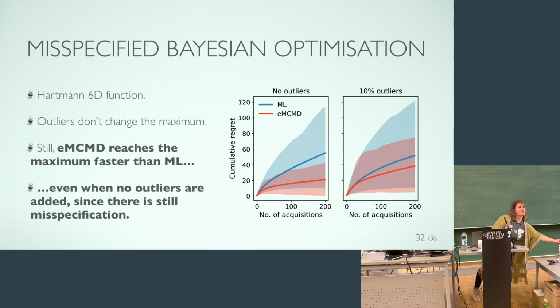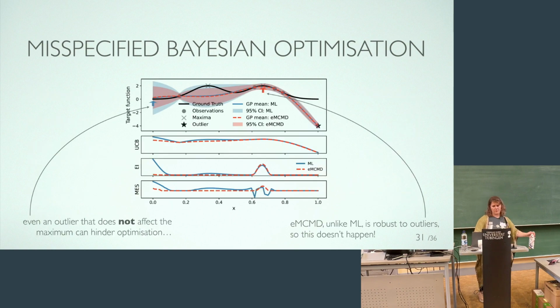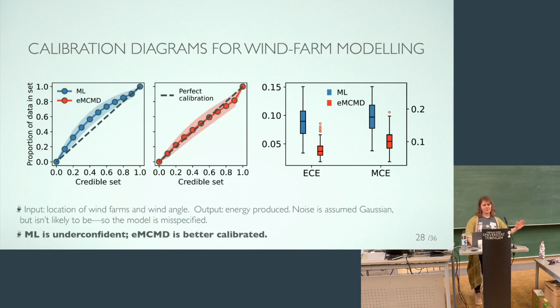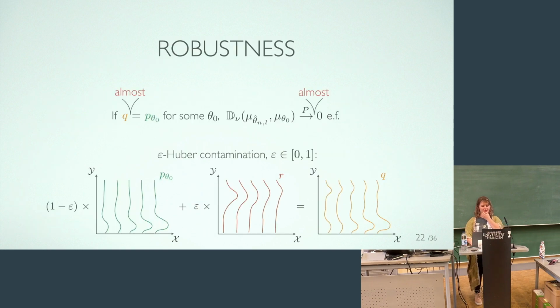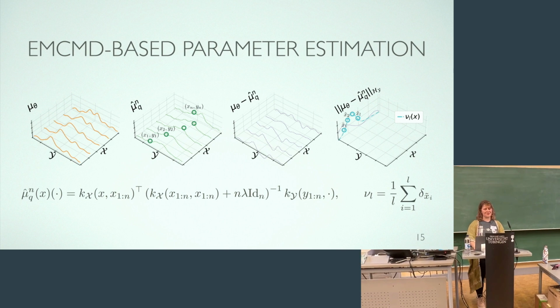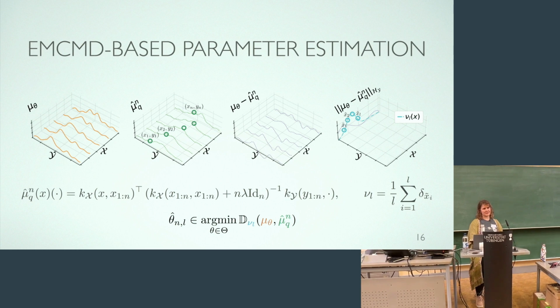Can you go back to the slide where you showed what looked like a GP posterior, but instead of having the observations y, you have the kernel function ky? Not in experiments, but it looks like a GP posterior. I'm not sure which one you're referring to. This one, okay. So for mu hat q, this looks like a GP posterior mean function, right?